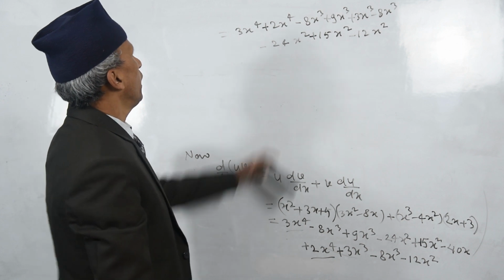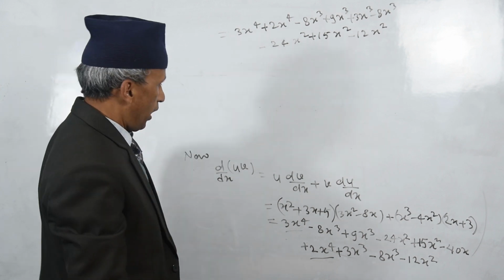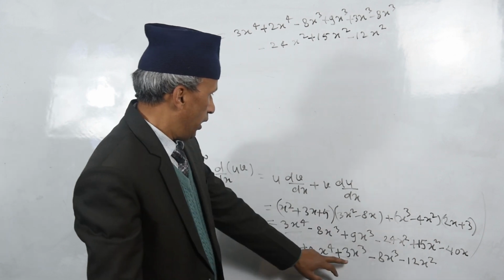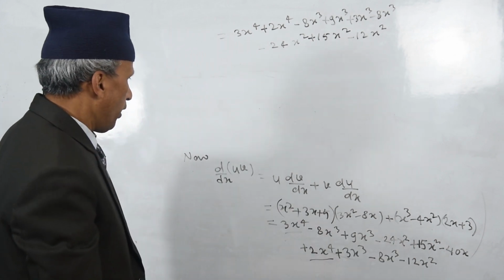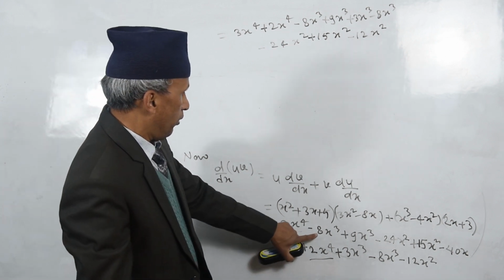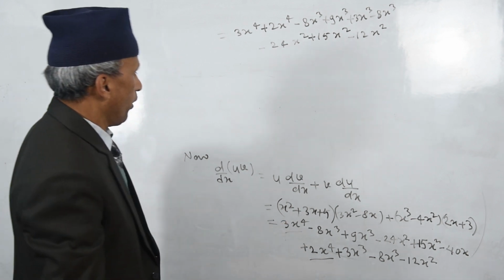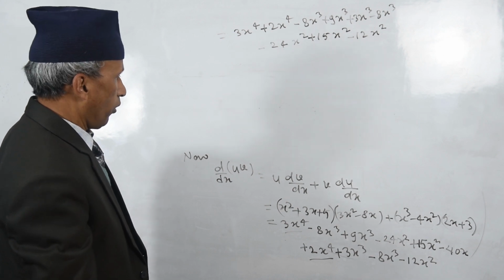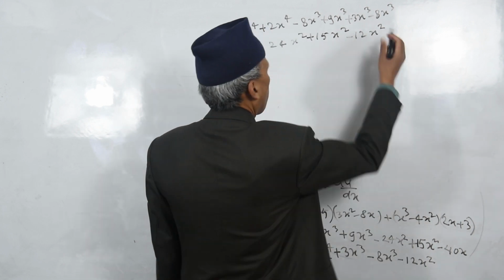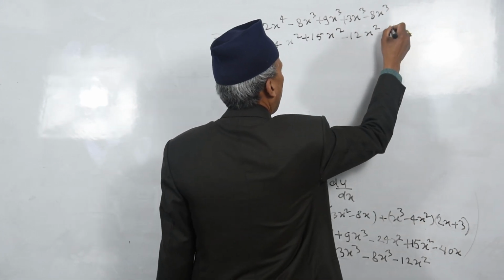One term should be there, 3x cubed, and there is 40x, minus 40x.